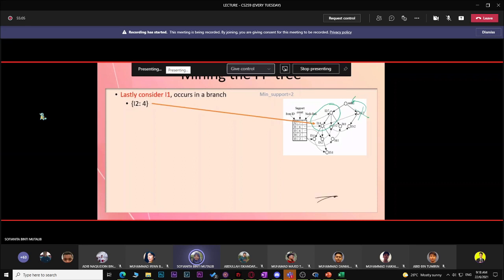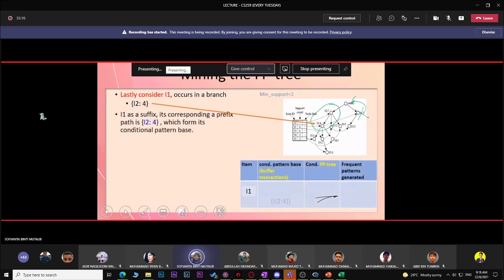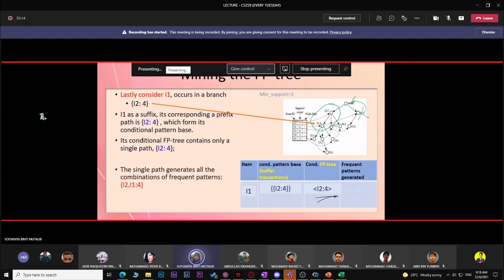Okay, oops, saya tak keluarkan lagi. Okay, ini. Okay. So only I2 occur together with I1 here. Okay, and then the count is 4 here. Okay, and then we append I2 with I1, then we get the frequent patterns.